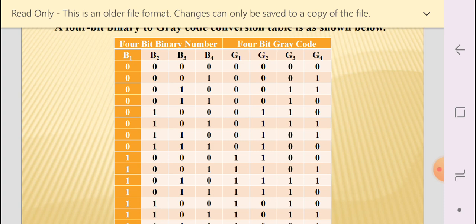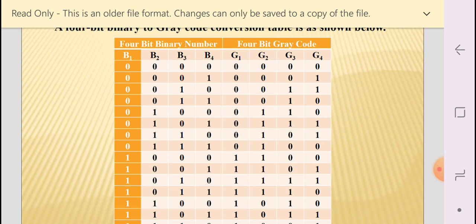Okay. Only when B1 and B2 differ do we get the output 1. We know the XOR operation. What is the output of the XOR gate? When both inputs are the same, 0 0 or 1 1, the output will be 0.